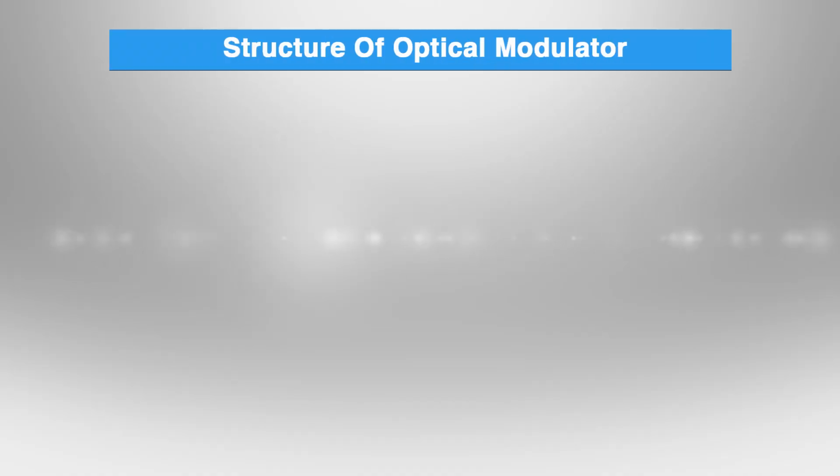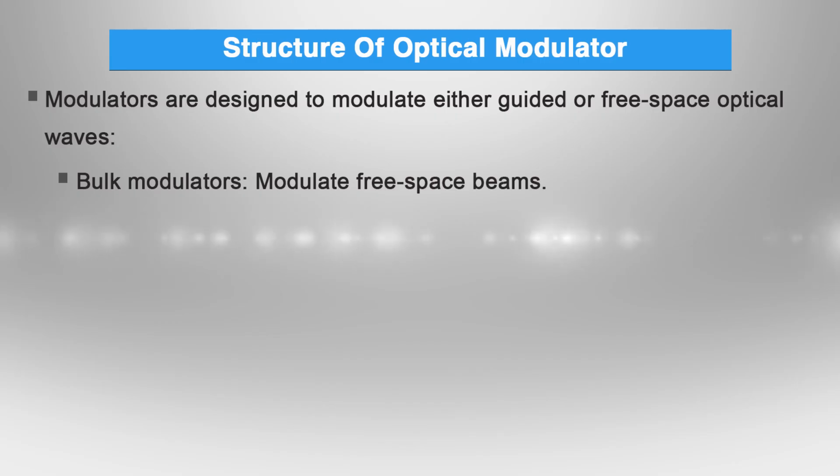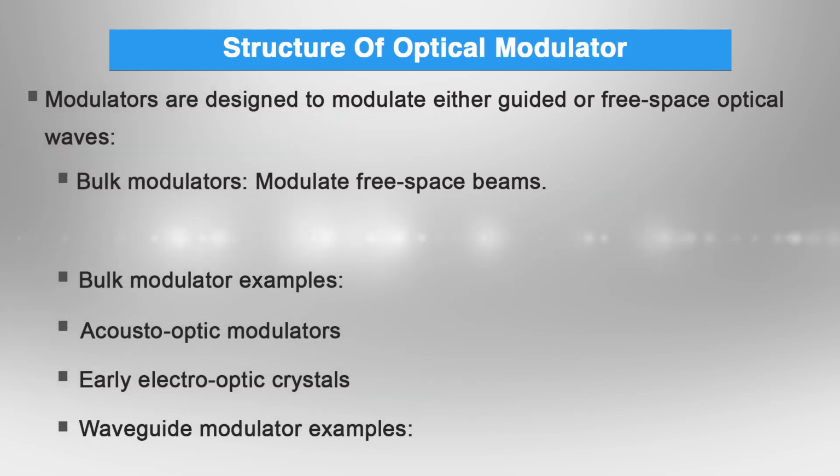Now, let us discuss the structure of an optical modulator. Modulators are designed to modulate either guided or free space optical waves. The first one is the bulk modulator. It modulates free space beams. Some examples of bulk modulators are acousto-optic modulators and early electro-optical crystals.